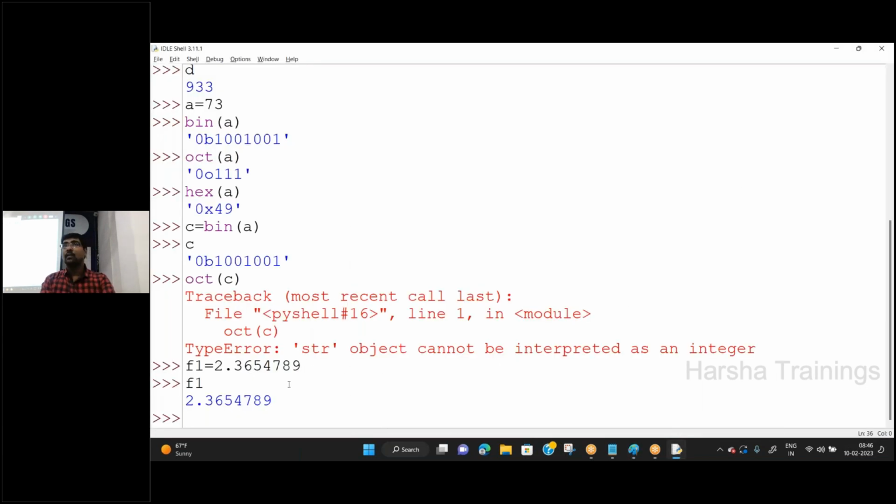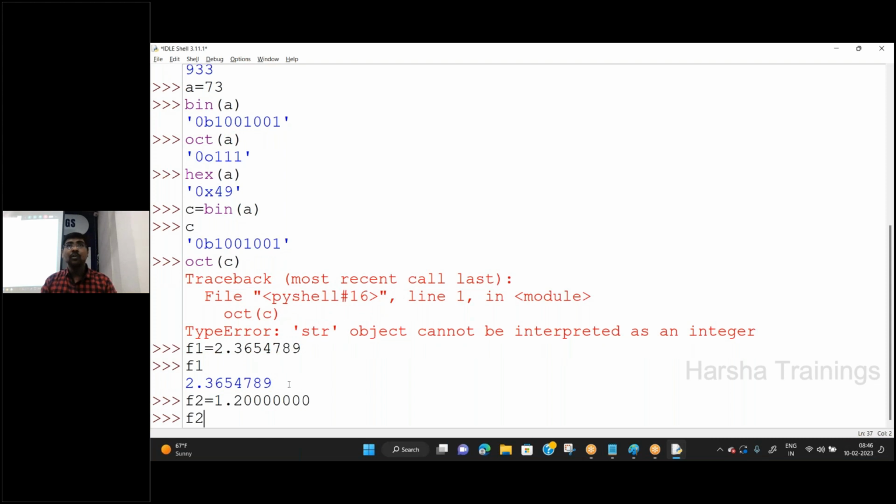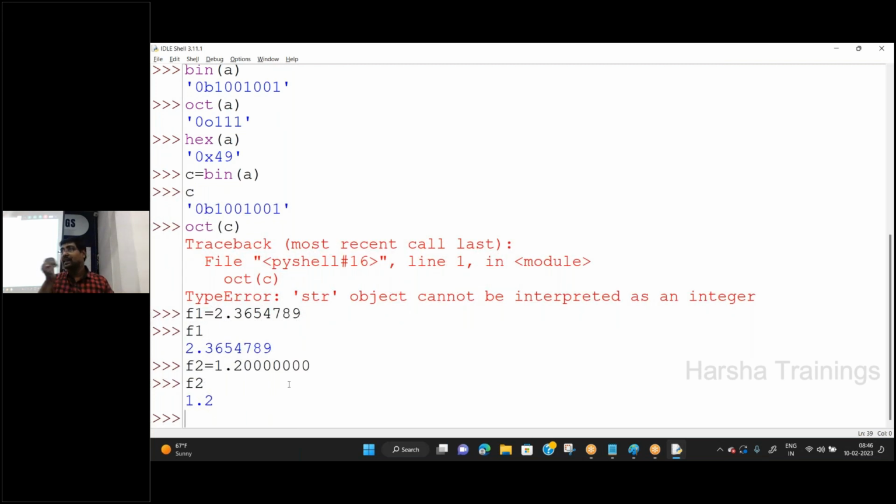Simply printing the value. Now, one question: F2 is equal to 1.20000. What is F2? Are the zeros displayed? Obviously, the zeros are eliminated automatically. Anything other than 0 is displayed.